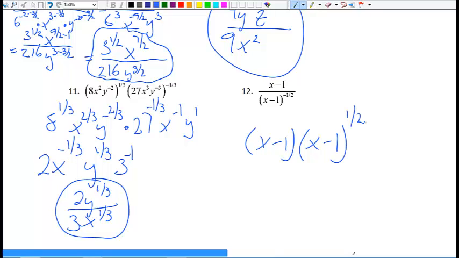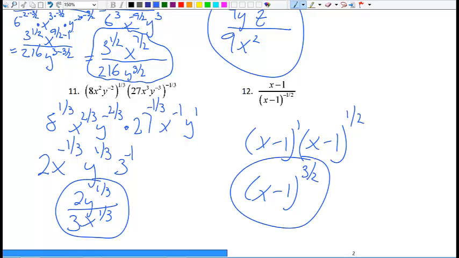Oddly enough, I'm multiplying two things that are the same, so I'm going to add their exponents. Well, what's the exponent of x minus 1 in the numerator? That's just x minus 1 to the first. So I went 1 plus a half. So this will simplify down to x minus 1 to the 3/2 power. So that's not that bad.